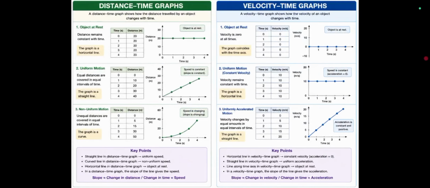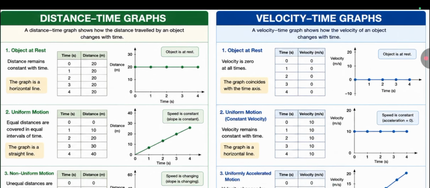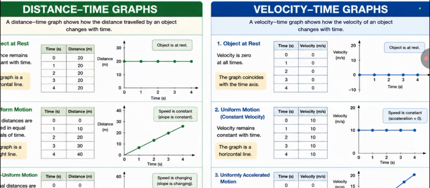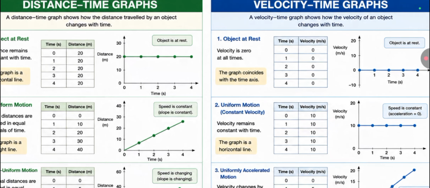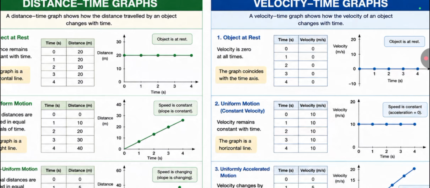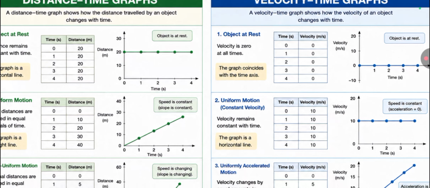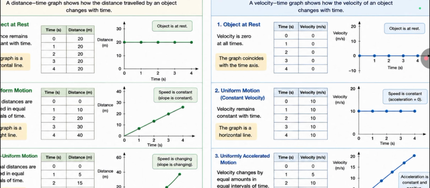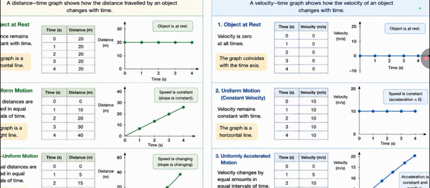Now we show velocity time graphs. A velocity time graph shows how the velocity of an object changes with time. In the first case, the object is at rest, so its velocity is 0 at all times, and the graph coincides with the time axis.